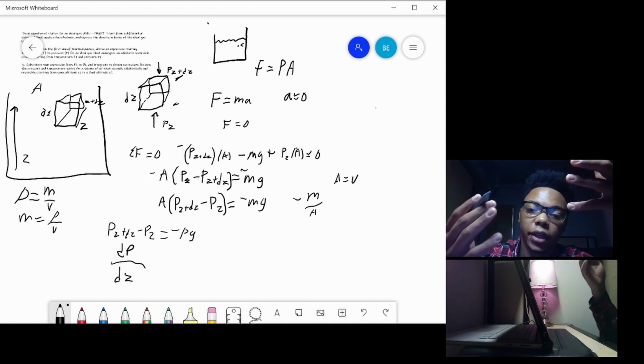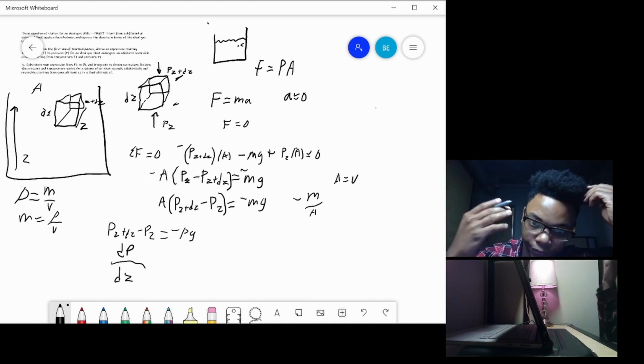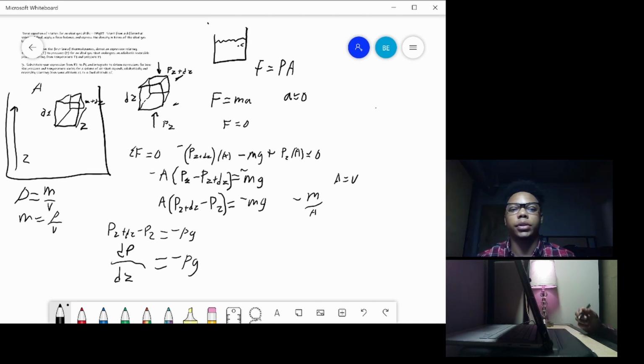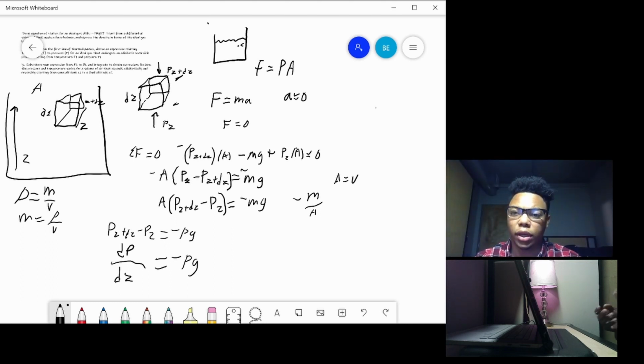So a change in P over a change in the height of our fluid is now equal to negative rho g. From here, we can integrate to begin solving the problem so that we can figure out what we're going to do with this equation.